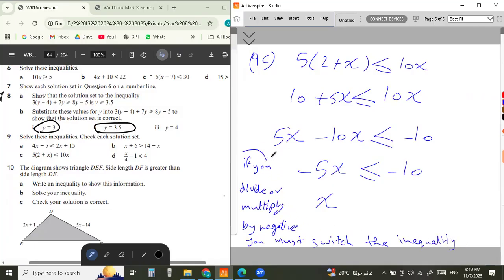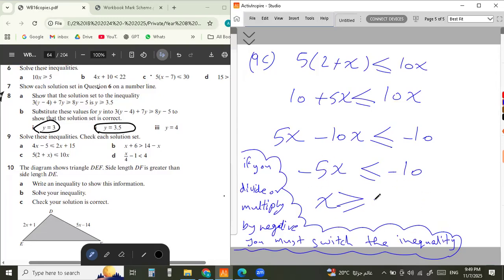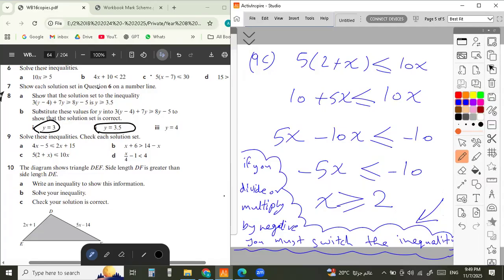This is a rule. If you multiply or divide by negative, you must switch the inequality. I'm going to divide by negative, then instead of less than or equal to, I have to be greater than or equal to. Switch the inequality. Why? Because you're dividing or multiplying by negative. So negative 10 divided by negative 5 is equal to 2. Write this down, memorize it, remind yourself of it all the time.